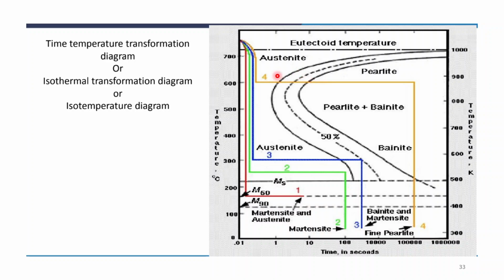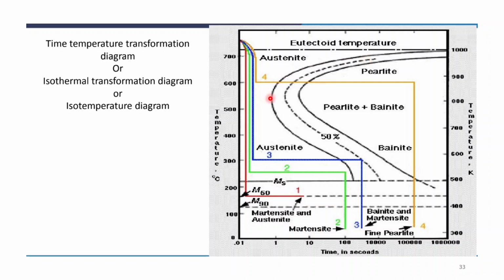Okay, in the first case, the cooling curve for 4, you will be forming complete pearlite. It will be fine pearlite. If you hold at a higher temperature, then you will get coarse pearlite.